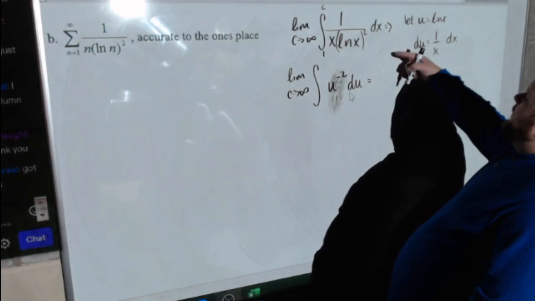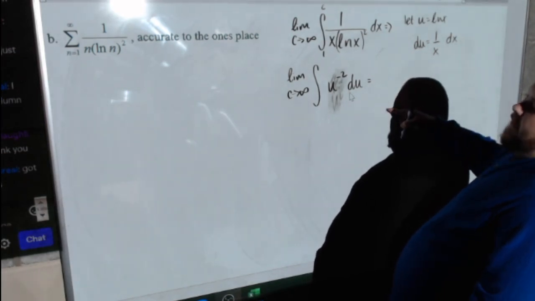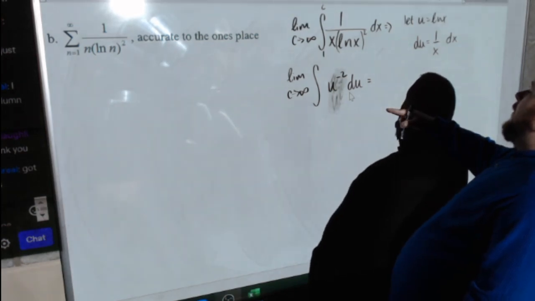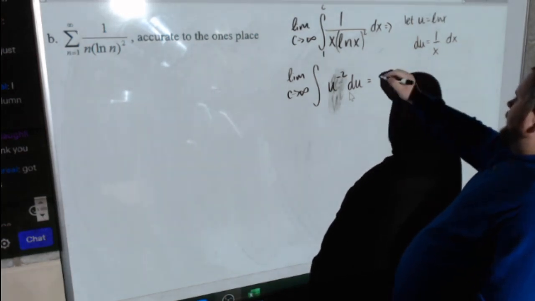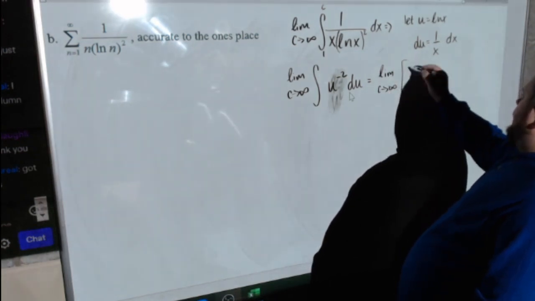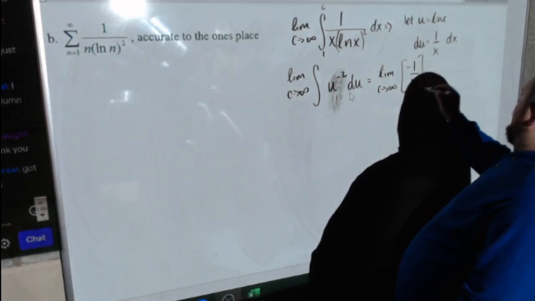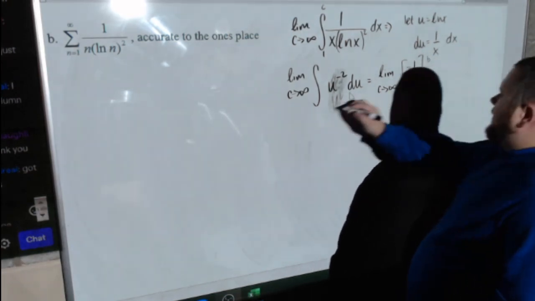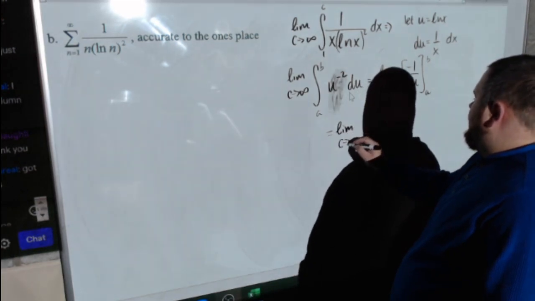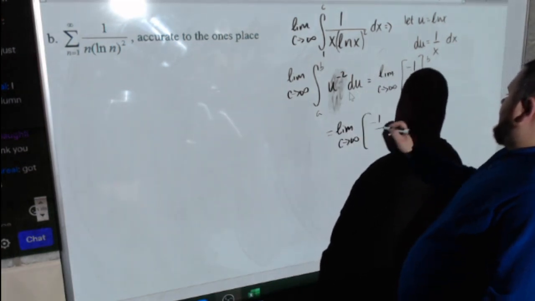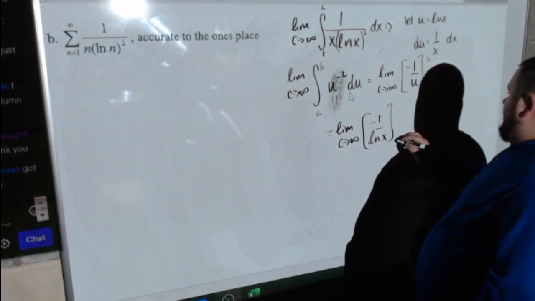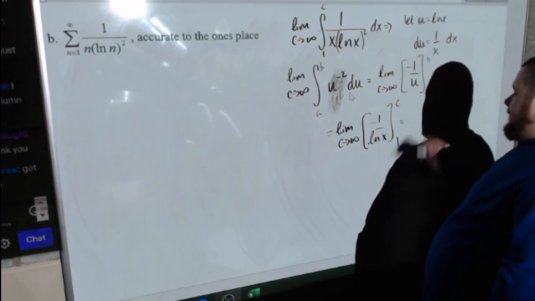That's going to be u to the minus 1 divided by minus 1, or minus 1 over u, from some a to b, I guess. And then if we replace, u is natural log of x, and that's from 1 to c.